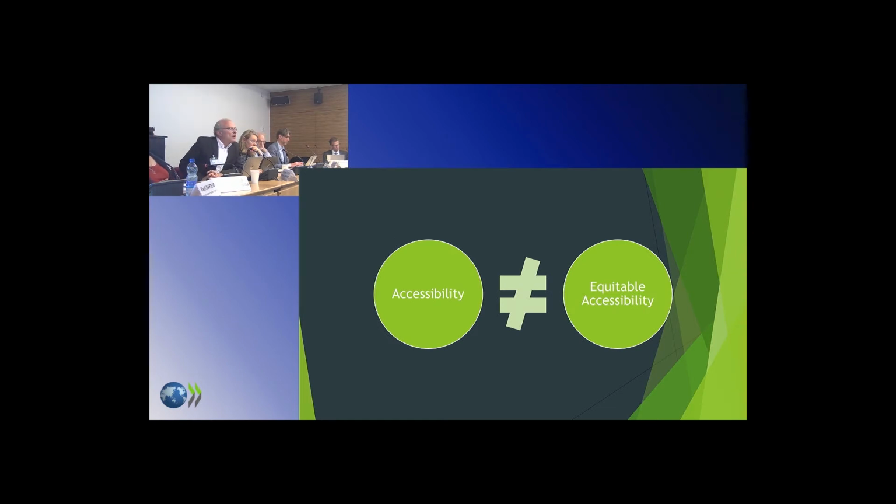Second, what I would argue is a misconception. If accessibility is a valuable resource, then that resource is a different thing from the distribution of the resource, just like money is a different thing from an equitable distribution of money. By conflating equitable accessibility with accessibility, we start loading down the concept.